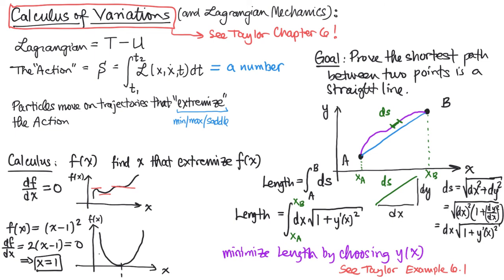And the determination of these paths is found by extremizing this action, which requires a new mathematical tool called the calculus of variations that we're going to discuss and work through. And once you have that, then you're able to find the trajectory that extremizes the action for a given physical situation.